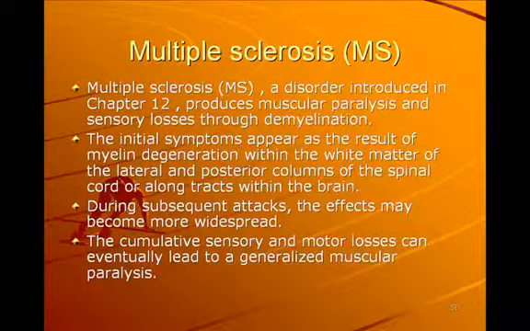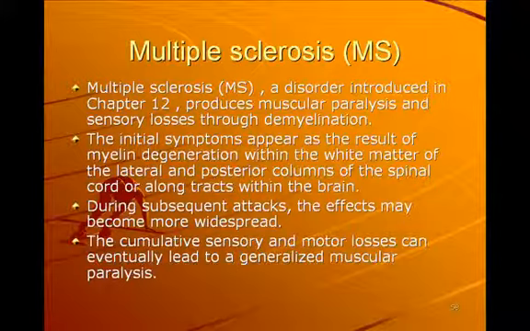If you recall, myelination is the covering of the nerve fibers by what's referred to as a myelin sheath. The initial symptoms appear to be a result of myelin degeneration within the white matter of the lateral and posterior columns of the spinal cord or along the tracts within the brain.